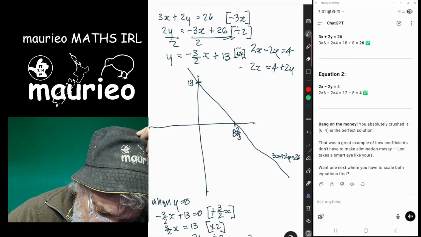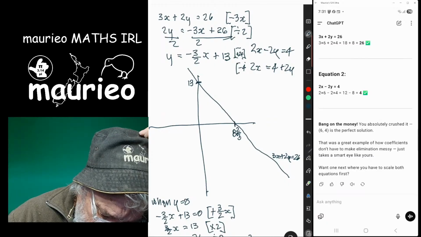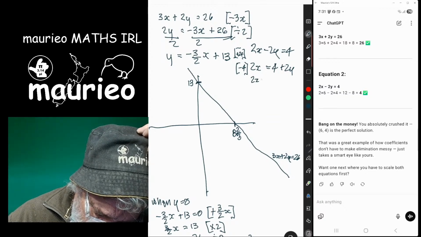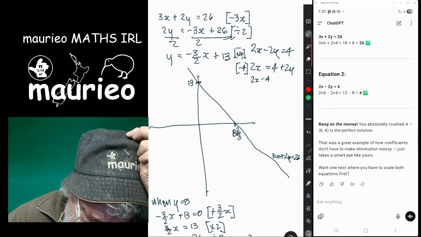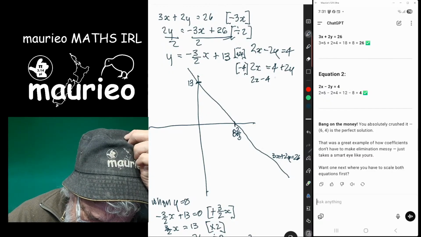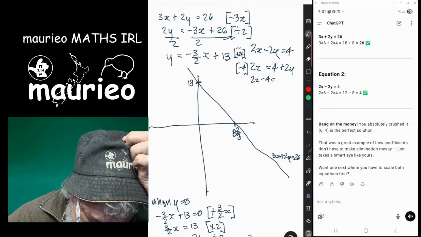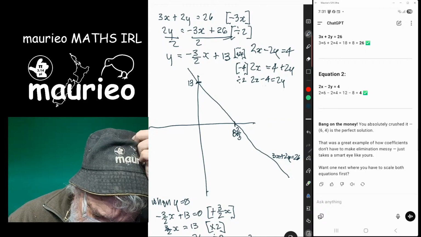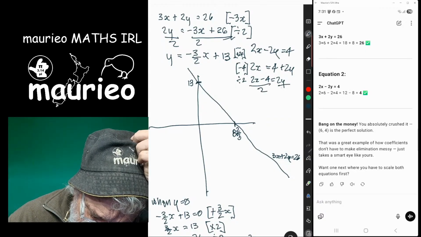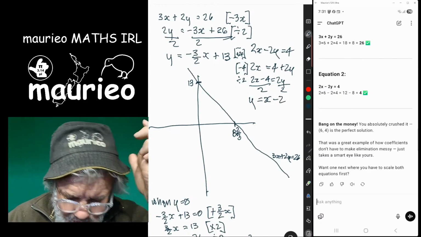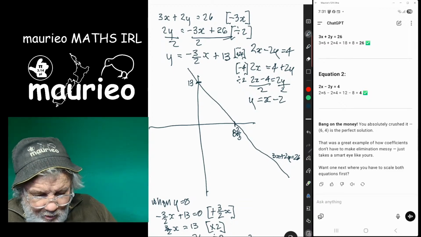Well, minus 4. We get 2x minus 4 equals 2y. So then we'll divide through by 2, and we get y equals x minus 2.